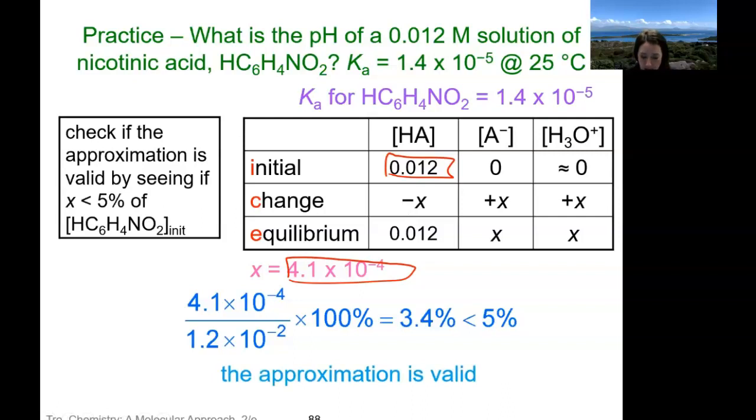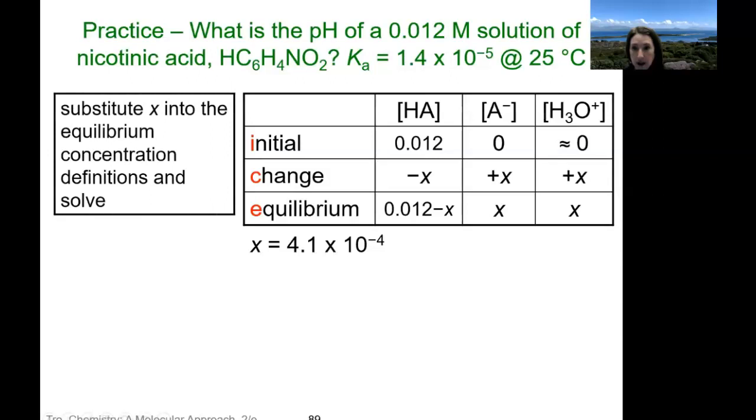What this is saying is this is 3.4%. It's saying that this decreased by 3.4%. That means 3.4% of it went over here to products and ionized, right? Ionized means made ions. So our approximation is valid.